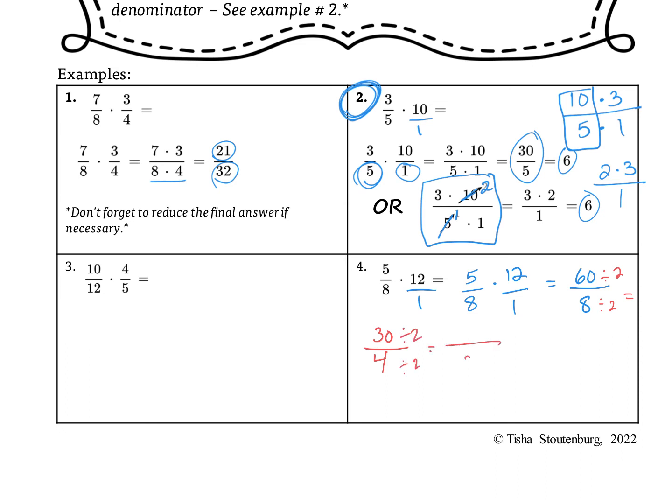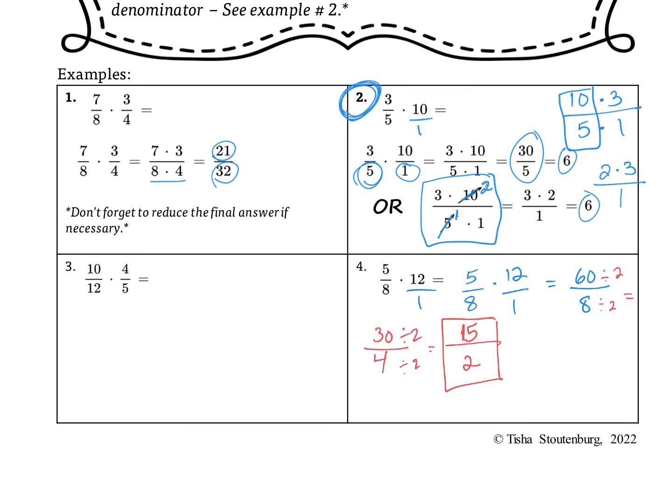So this is going to give me 2 out of 15. And now 15 being, 2 is a prime number, so this is the simplest form of my answer, 2 over 15, which you can leave like that. You don't have to change it to a mixed number. You don't have to change it to a decimal. You can if you want to, but it's not necessary.